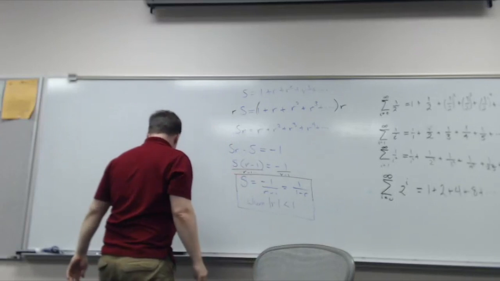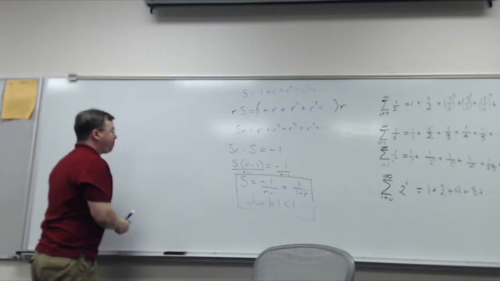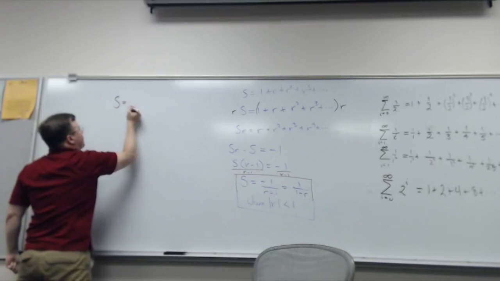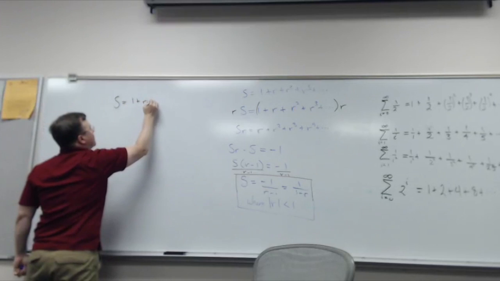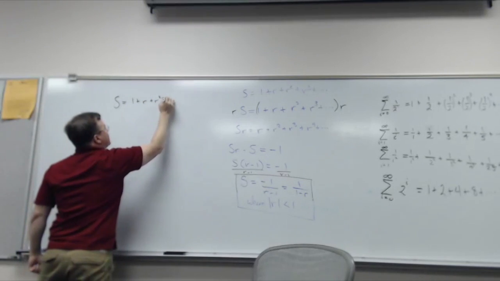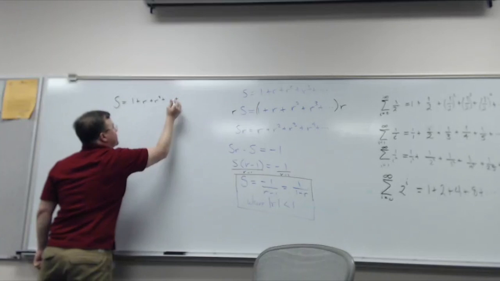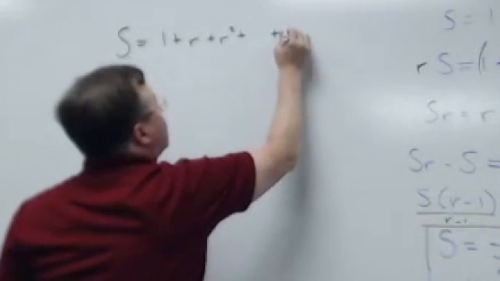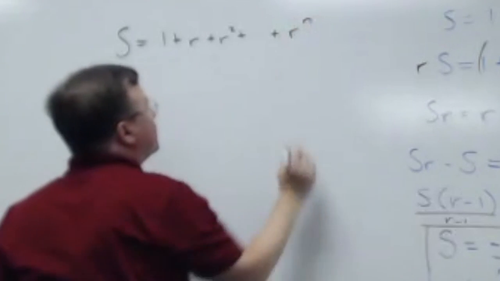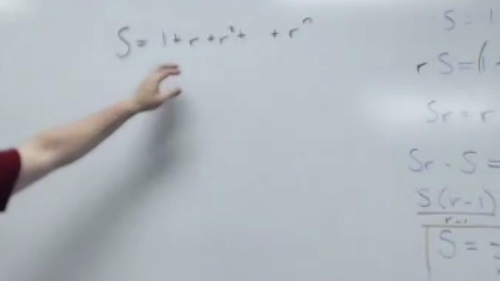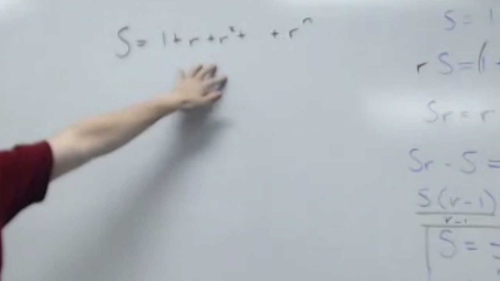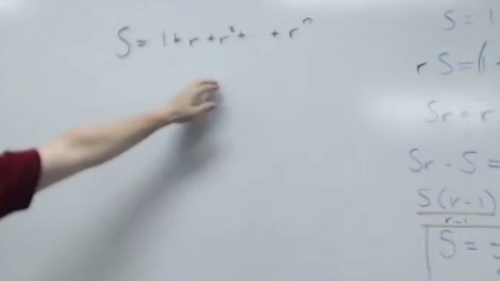So what I'm going to do instead is say S is going to be 1 plus r plus r squared plus ..., but it's going to stop at r to the n, let's say. Now this is also called a geometric series. A series doesn't have to be infinite. This is a finite geometric series, because it has a stopping point.